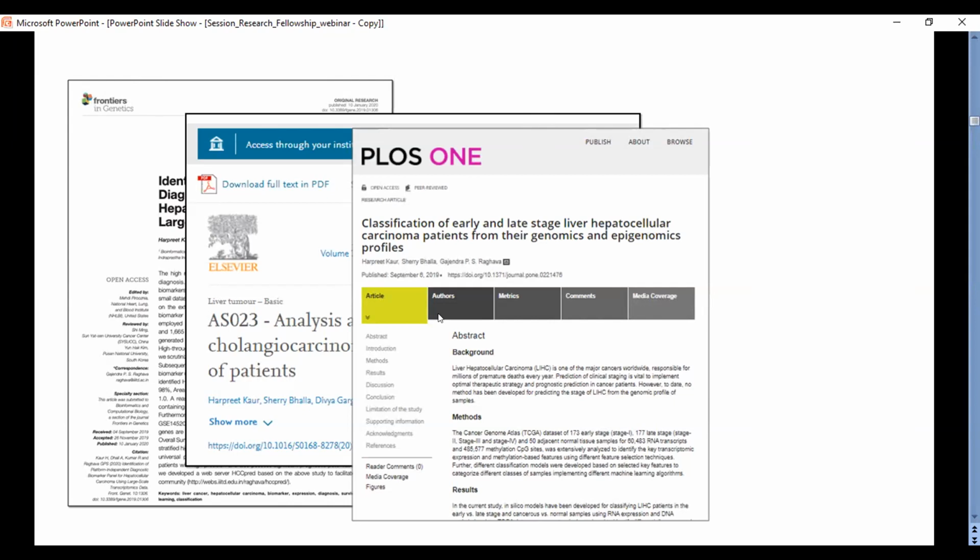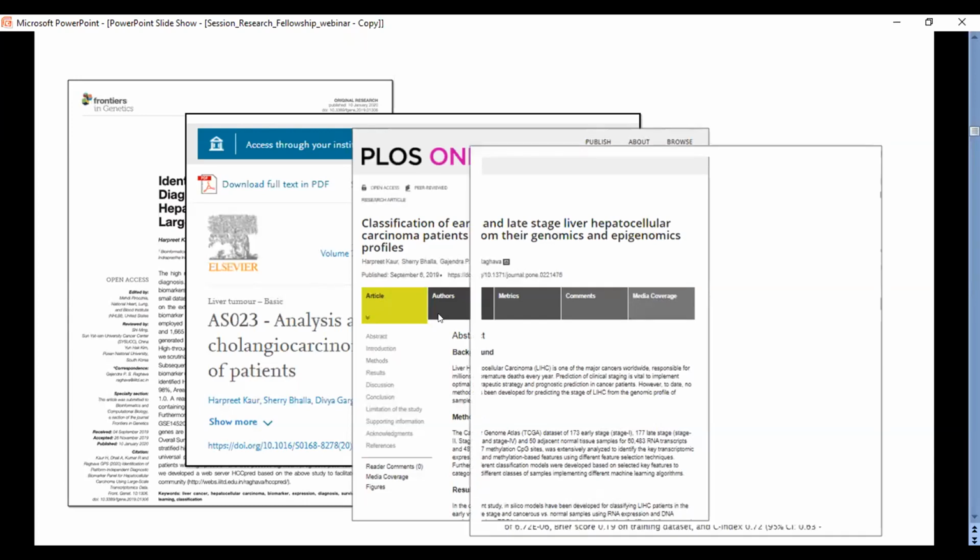In this study, we again took public data from the TCGA repository, which contains early and late tumor stage samples. We identified 51 signatures, which include 30 RNA transcripts and 21 methylation CpG sites, using a number of machine learning and statistical approaches.